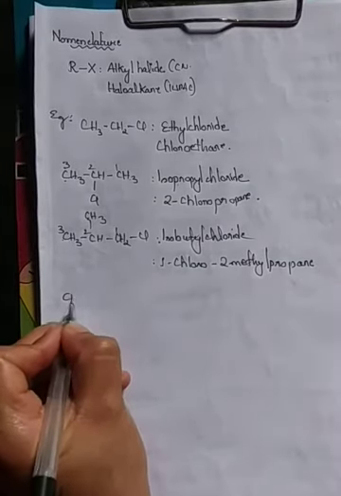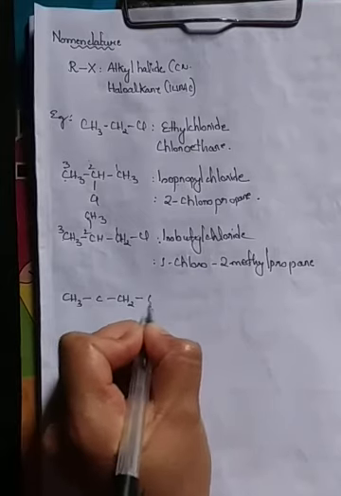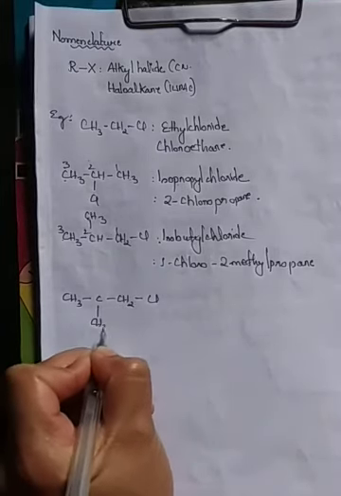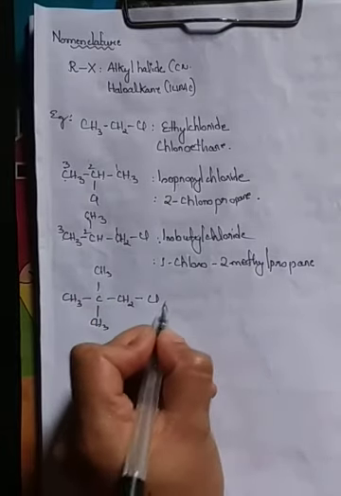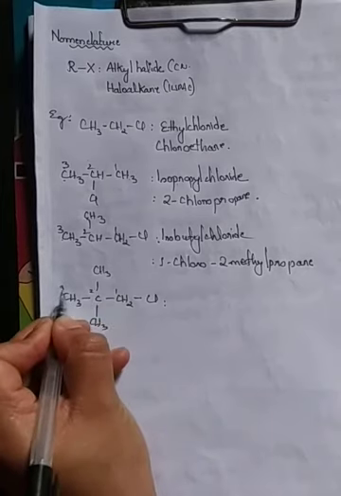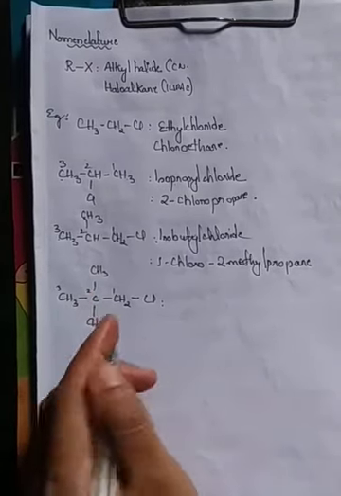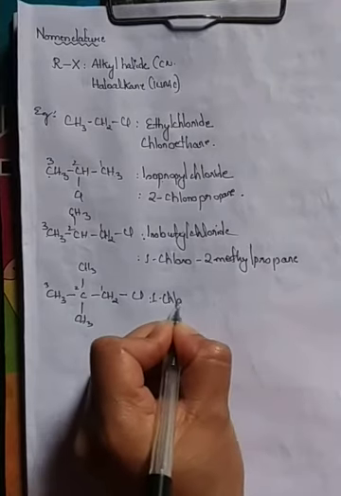Now another example, CH2Cl, with CH3 and CH3. Let's first give the numbering 1, 2, 3. You can move down here or up here. Therefore the IUPAC name here also will be 1-chloro.